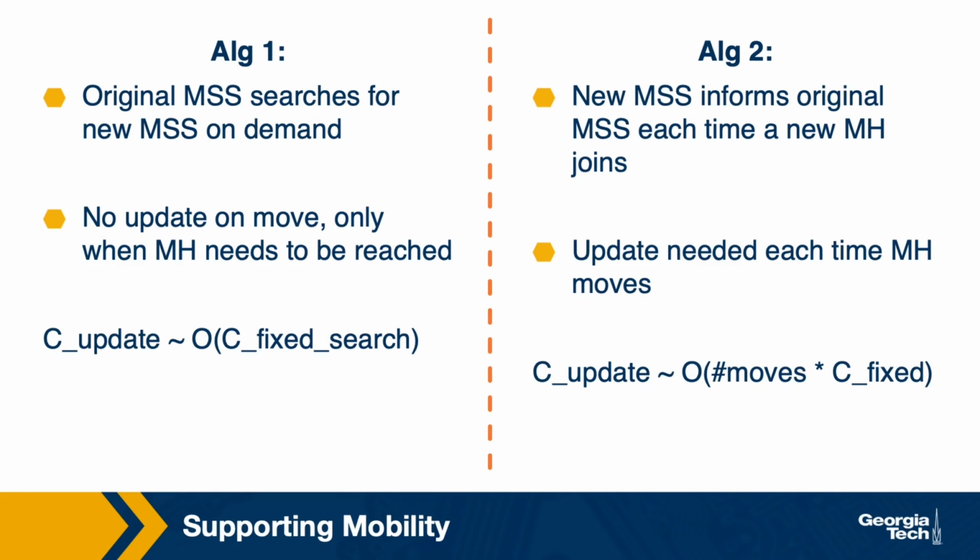Basically, if we perform an update each time the host moves, but also every time the host moves, somebody's going to need to reach it, then the cost of this update can be justified. But if the hosts move way more frequently than the times when they're involved in some kind of communication, then performing all of these updates, many of them are not going to be necessary. So this algorithm is better for those scenarios.